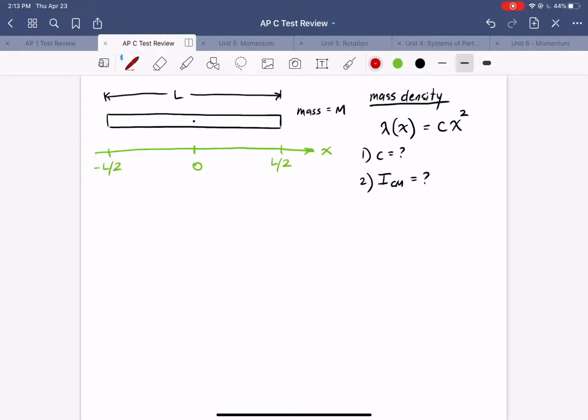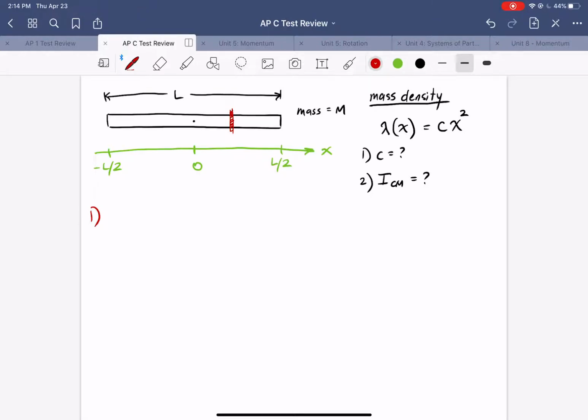All right, so the first question, what is c? We need some way of relating the mass density function to the total mass. So if we add up the mass of every tiny little slice of this thing, then we should get m. So let's imagine dividing this up into a bunch of little slices and asking what is the mass of this tiny little slice.